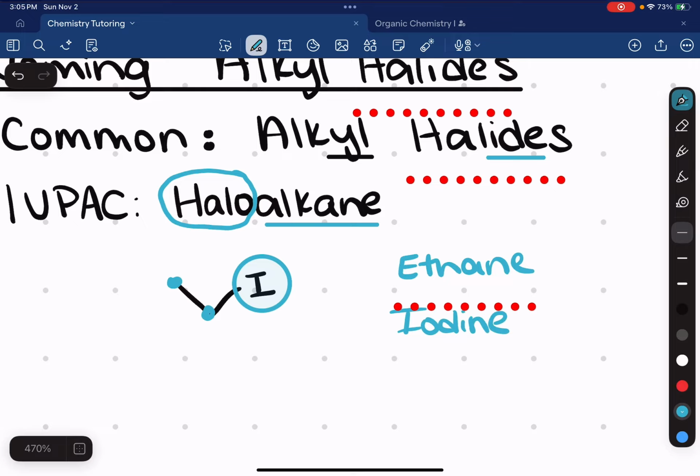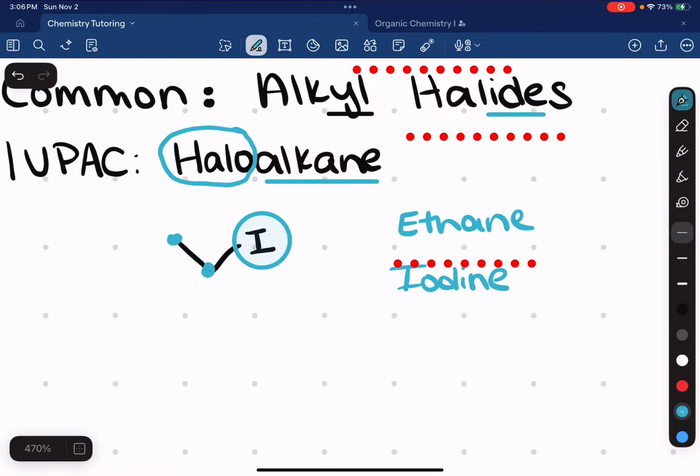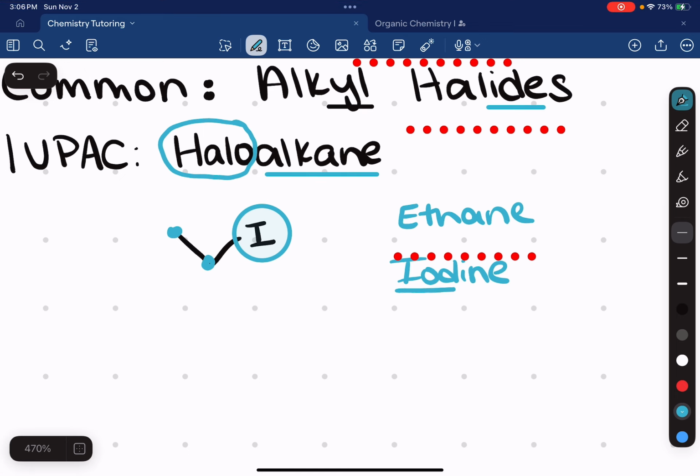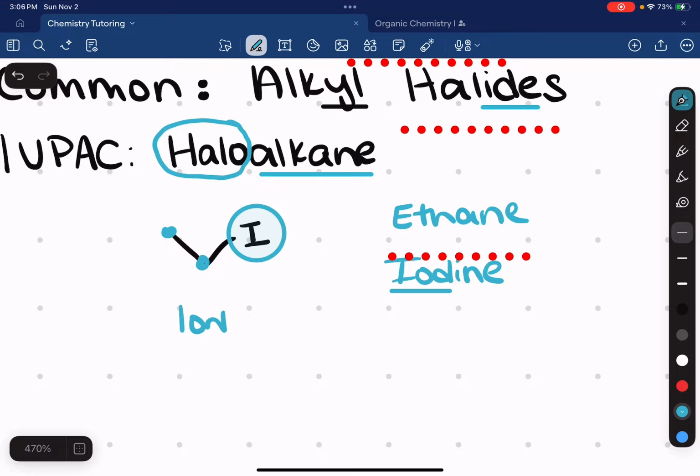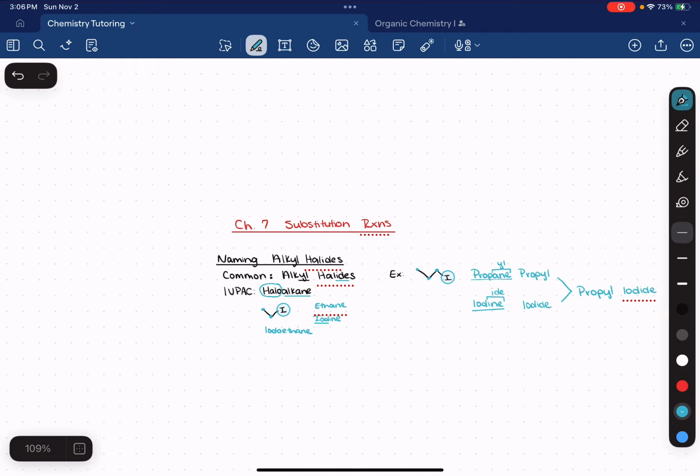So when you combine them, it's just the halo part. And so a lot of it sounds weird. But the only way I can explain it is like how would it sound the best. So we've got ethane and we've got iodine, right? We're going to cut it right here, and we're going to turn it into iodoethane. So that's how it goes for naming.